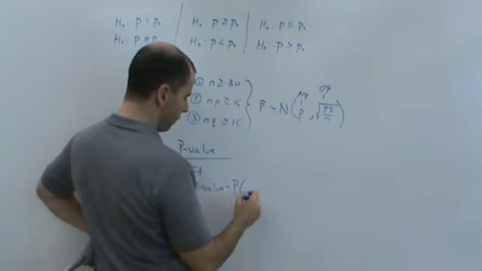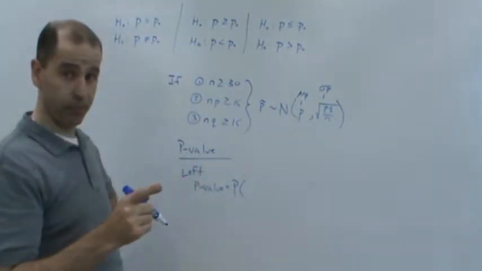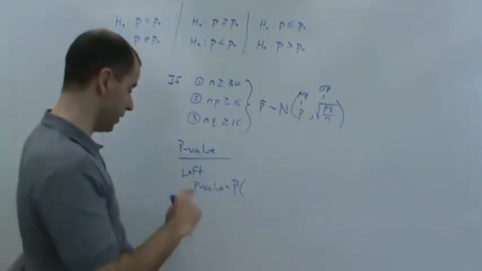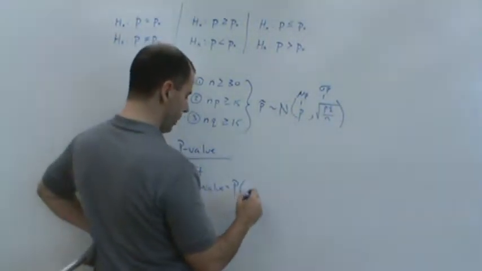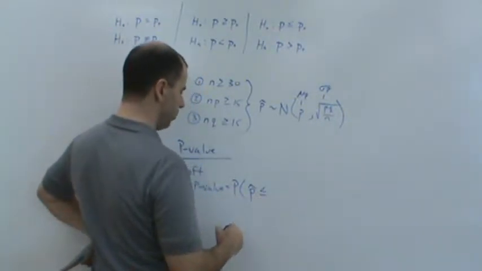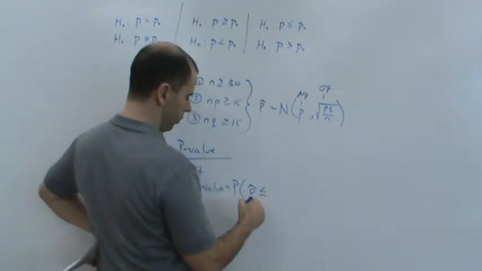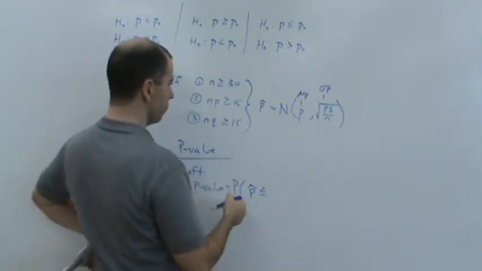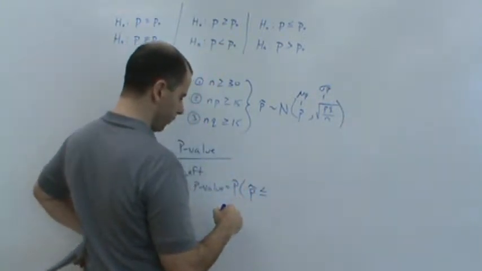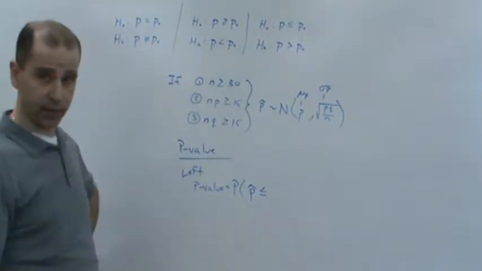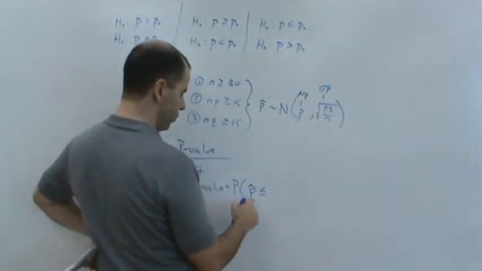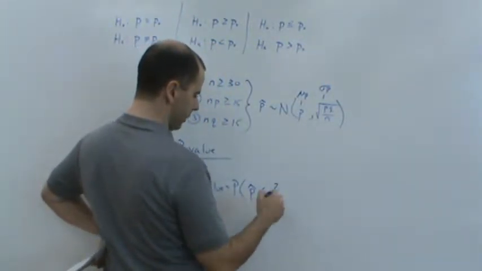So we want to know the probability that our test statistic or our sample statistic, you could use either one, that our sample statistic, p hat, is less than or equal to whatever value that we calculated from the sample, okay? And then we can just go ahead and find whatever that probability is, right?